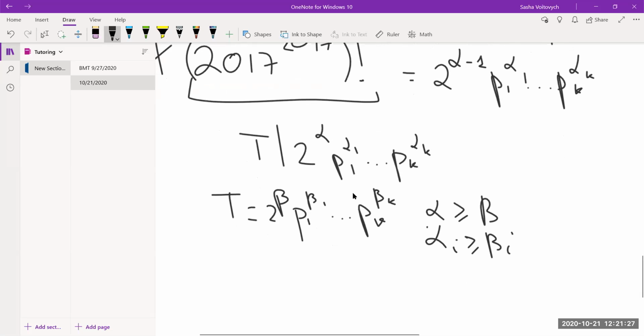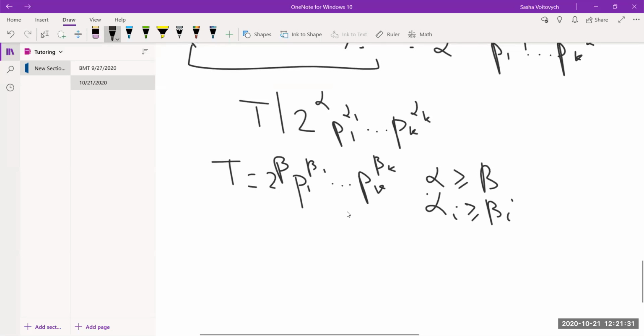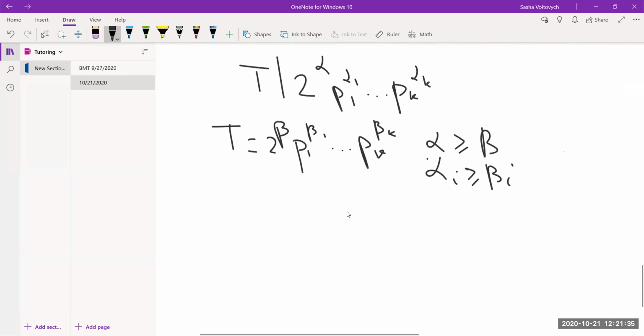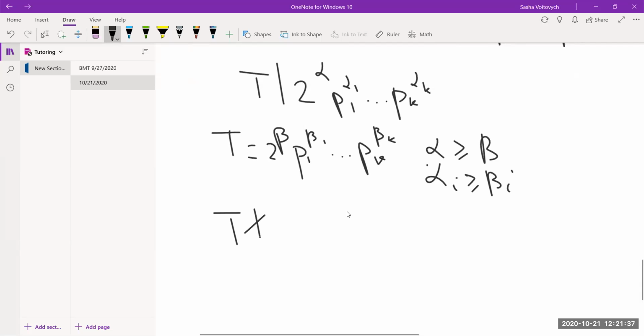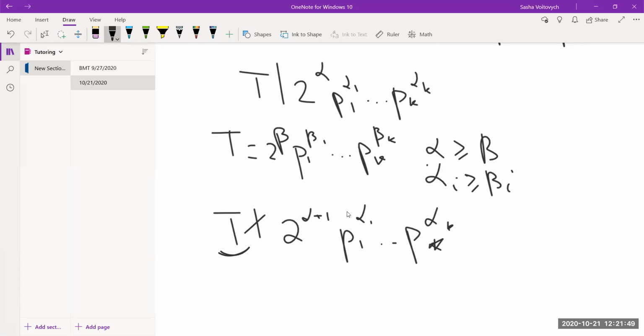Okay. So then let's look at this. So t does not divide this guy, which implies that there is a prime in t that divides it in greater power than it divides this guy.